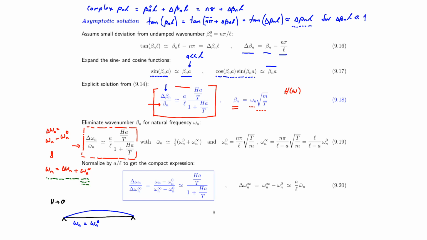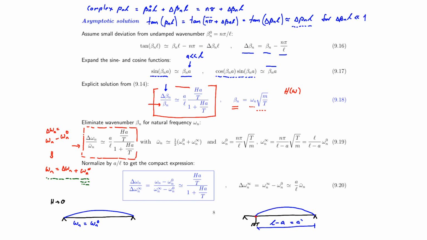However, the other case, where the damper becomes so stiff that it restrains or constrains displacement here at the damper location, in that case the cable will vibrate like this, but with a reduced cable length.